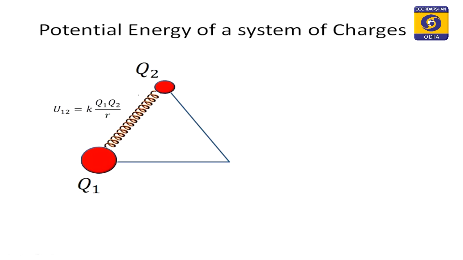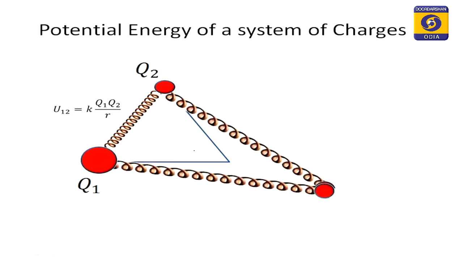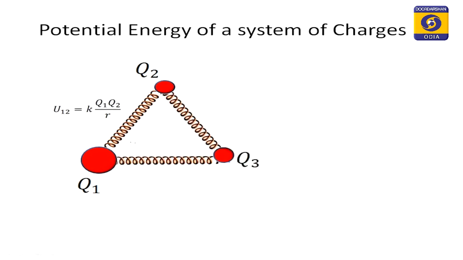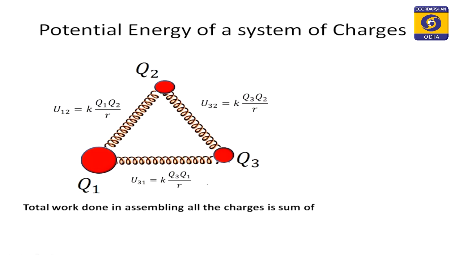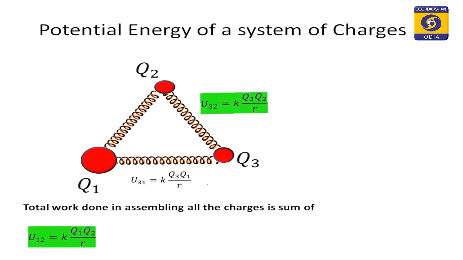And for Q3, due to Q2, energy U23 is equal to K Q2 Q3 upon R. And due to Q1, for Q3, energy U31 is equal to K Q1 Q3 upon R. And the total energy is the sum of all energies.